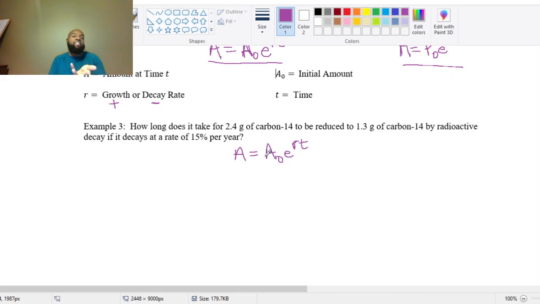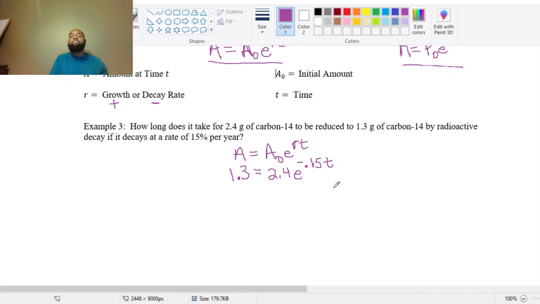You don't have to remember that this is A naught instead, as long as you use the right thing. But I'm starting with 2.4 grams. It decays at a rate of 15%, so that's a negative 0.15. I don't know how long it takes to decay, but that's what I'm trying to figure out, how long it takes for it to end up being just 1.3 grams.